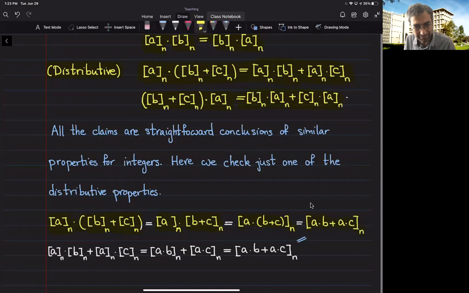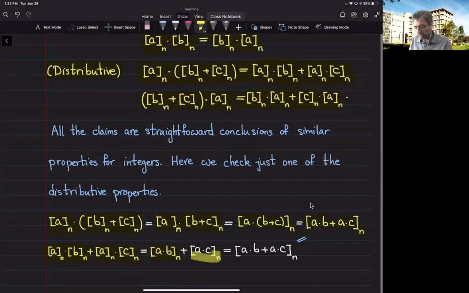Now let's look at the other side of this equality. I'm taking the product of residue classes of A and B, and I'm then adding the product of residue classes of A and C. Now, what is this product? This is the residue class of A times B. What is this product?